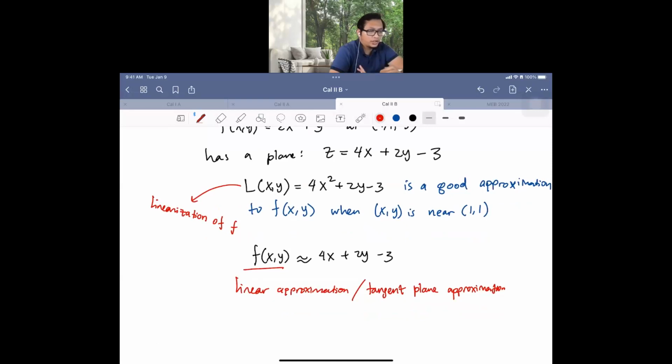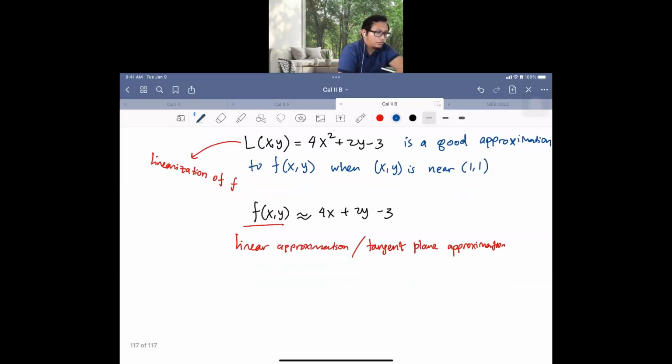If we are evaluating at a point that is near (1, 1), for example at (1.1, 0.95), we will have an approximation of around 3.3.